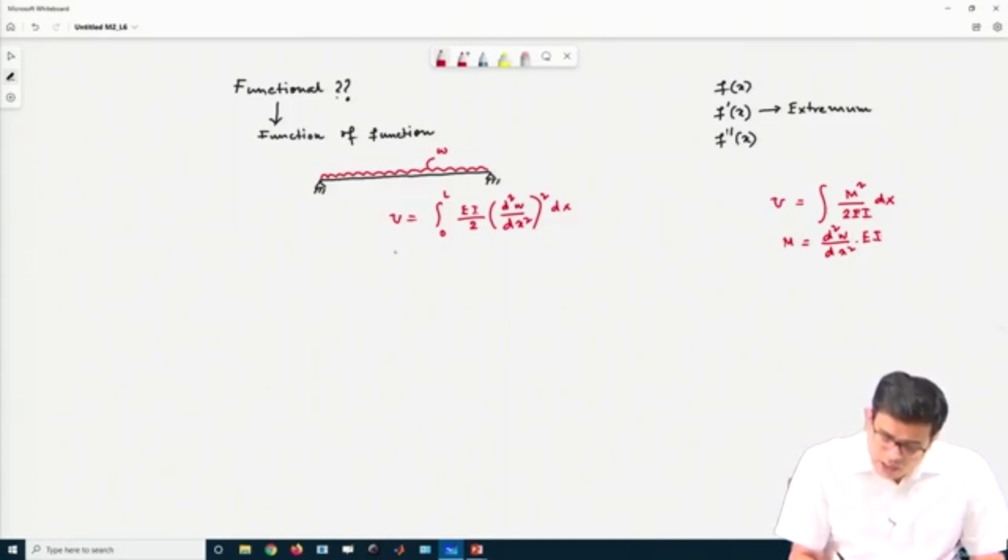Similarly, the potential energy I can write as the strain energy minus the external work done.